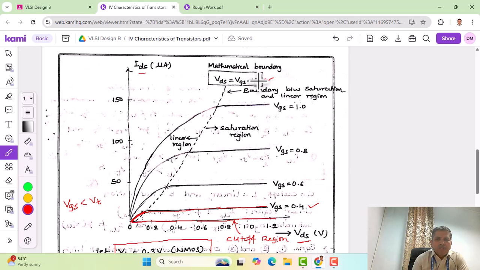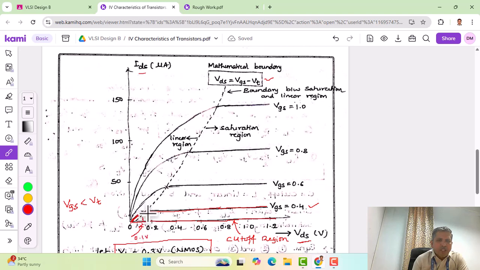The threshold voltage of the MOSFET is also known, which is 0.3 volts. So the boundary for this particular curve is 0.4 minus 0.3, that gives you 0.1. So somewhere here we have 0.1.